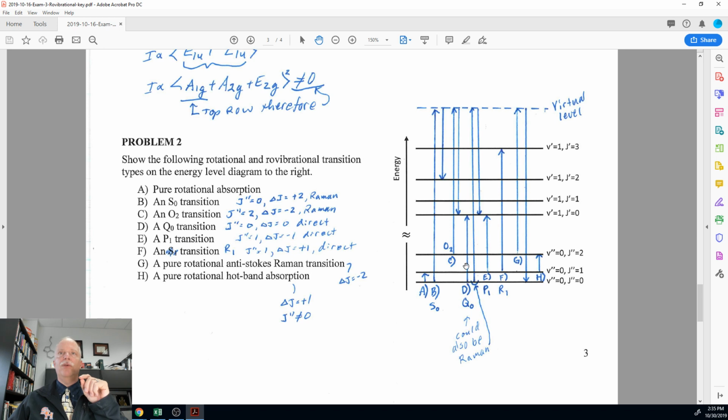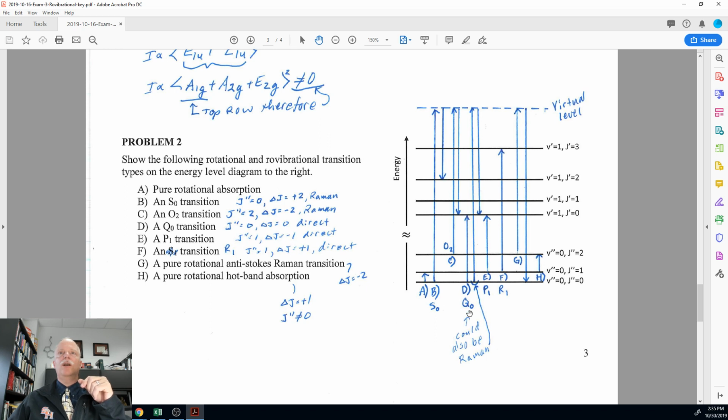So going from 0 to 0. So we have no change in rotation, but we have 1 unit jump in vibration. So it's a rovibrational transition. The ro is the J part, the vib part is the V part, and that's a rovibrational transition. It's a Q0 line because it's going from J equals 0 to J equals 0.